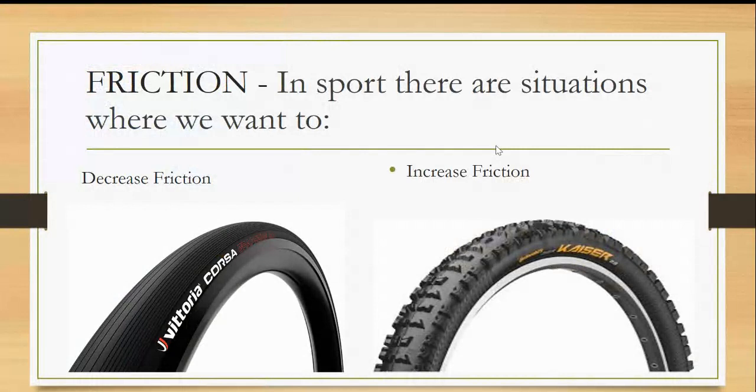A mountain bike is going to be going downhill on dusty, not even paved roads, so they need a lot of grip and a lot of friction on those difficult surfaces. On a road bike, they don't. They want to go as fast as they can on an asphalt surface, so they don't need to grip the road as much. In fact, they need to glide over it. So a road bike wants to decrease the friction, whereas a mountain bike wants to increase the friction.